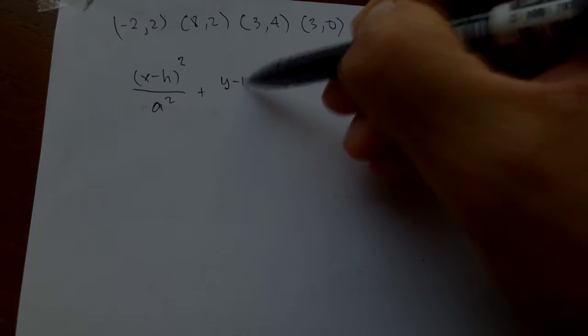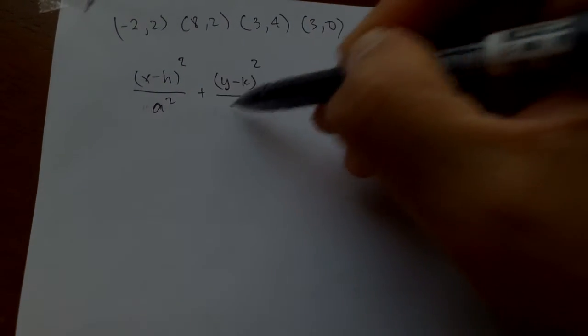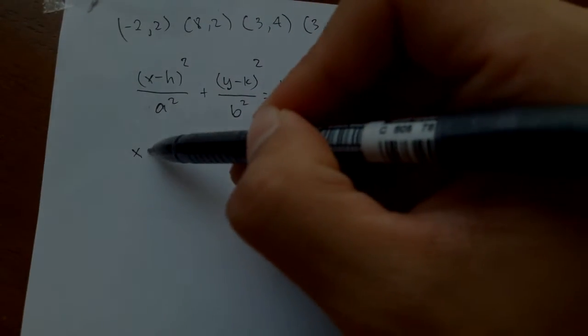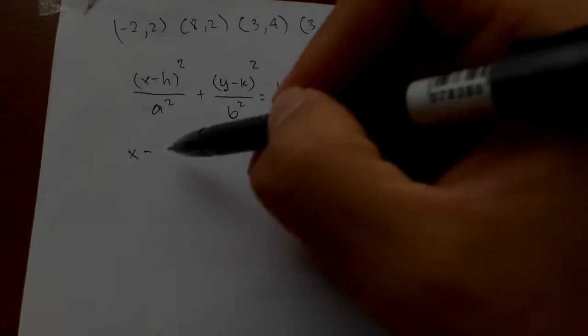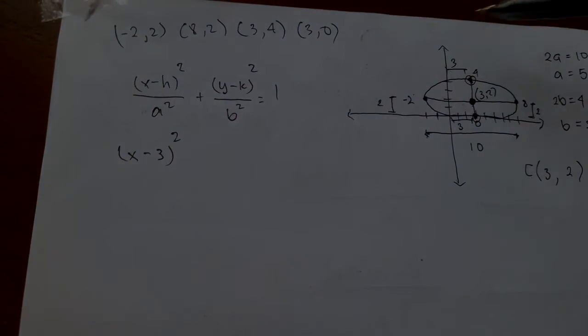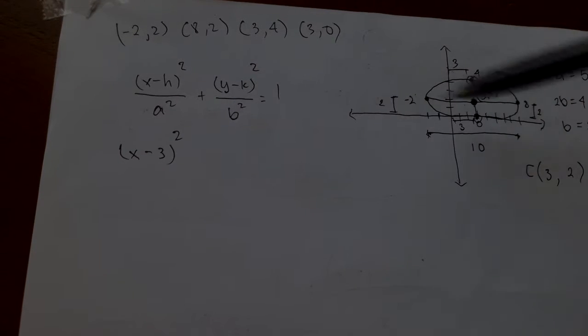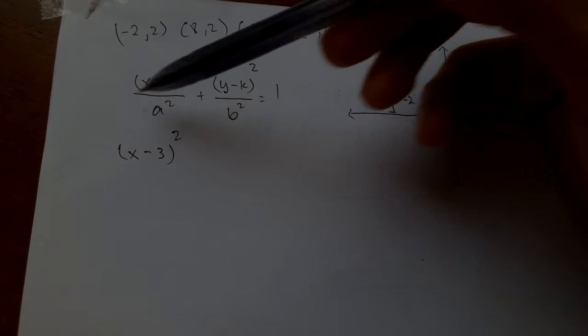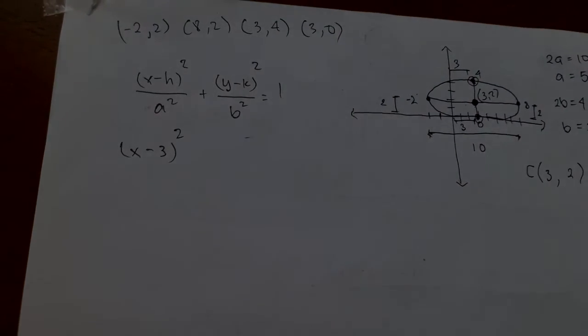So the equation is x minus h squared over a squared plus y minus k squared over b squared equals 1. So since the h is 3, our a is, since the ellipse is horizontal, it lies on the x-axis, so this is the equation of it.